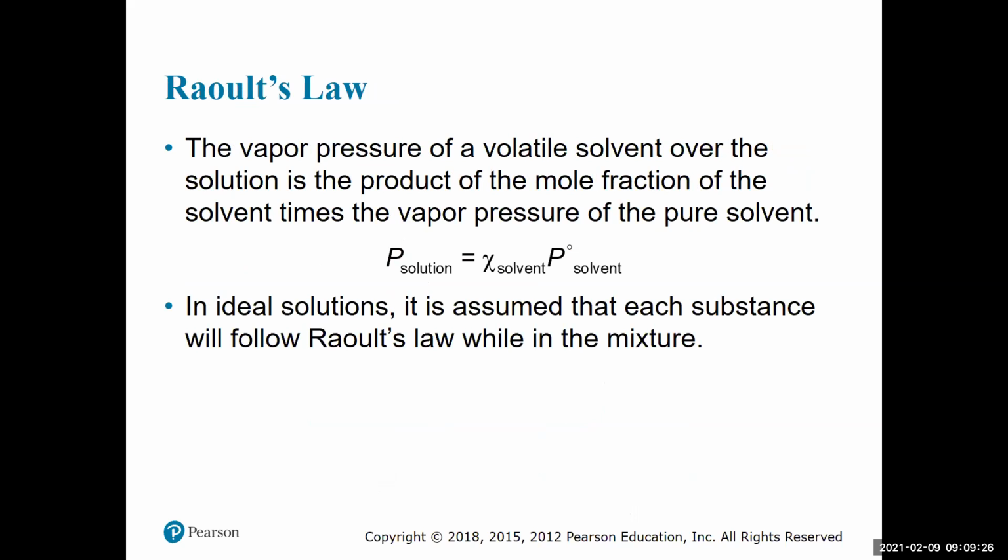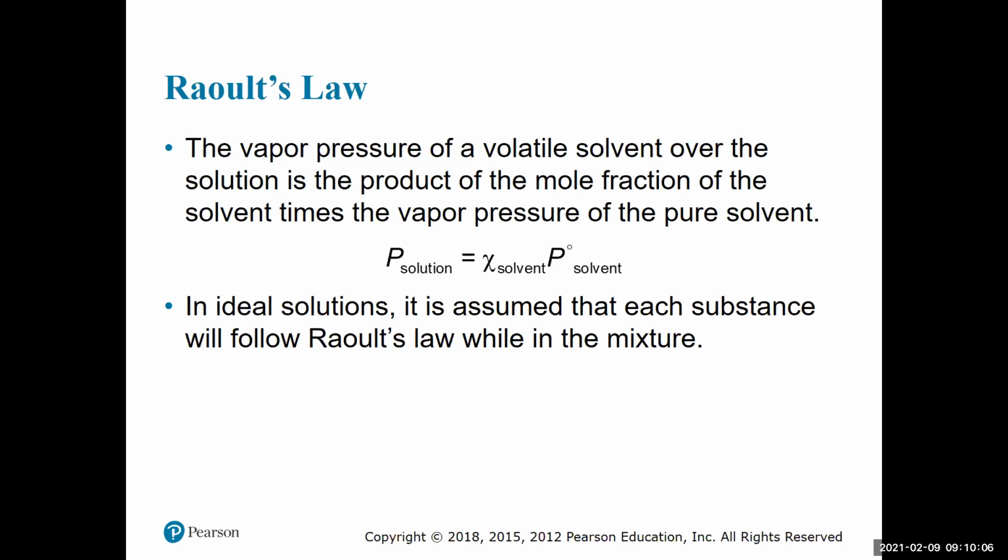There's something called Raoult's law, which helps explain this. What this law tells us is that the vapor pressure of a volatile solvent is the product of the mole fraction of the solvent times the vapor pressure of the pure solvent. So in other words, say we had methanol, and we could calculate or look up in a table what the vapor pressure of that is.